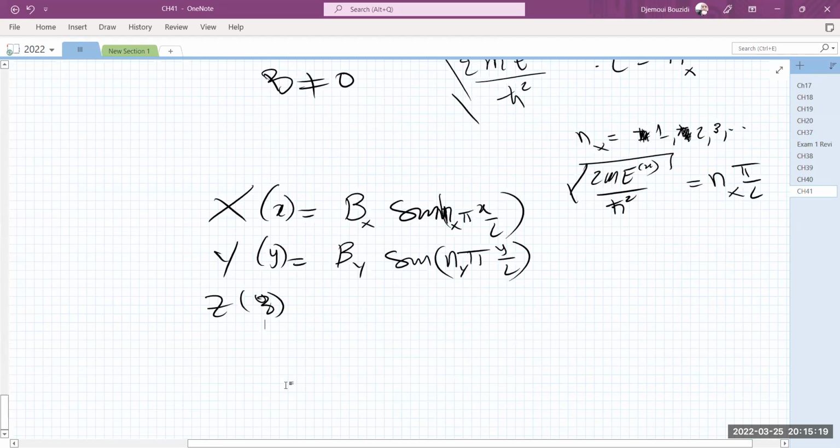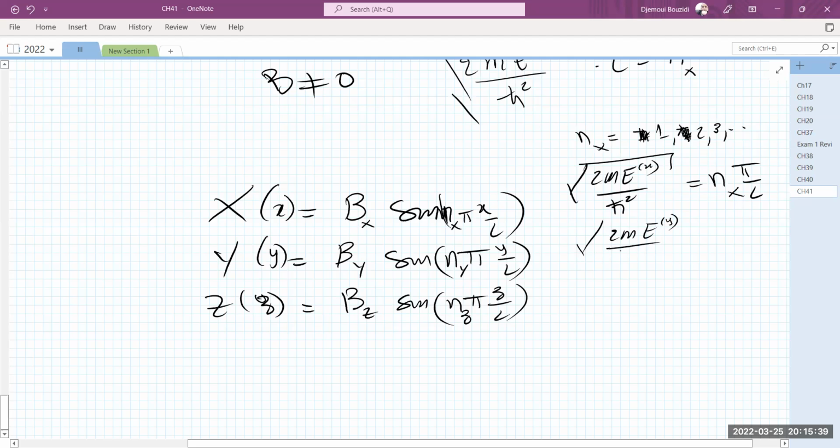And that too is some sort of a constant. These three constants, when we multiply them, become just another constant, okay? So bz times another sine of nz times pi times z over L. Okay, where each and every one of these contributions to the energy is related to these integers that we just introduced.